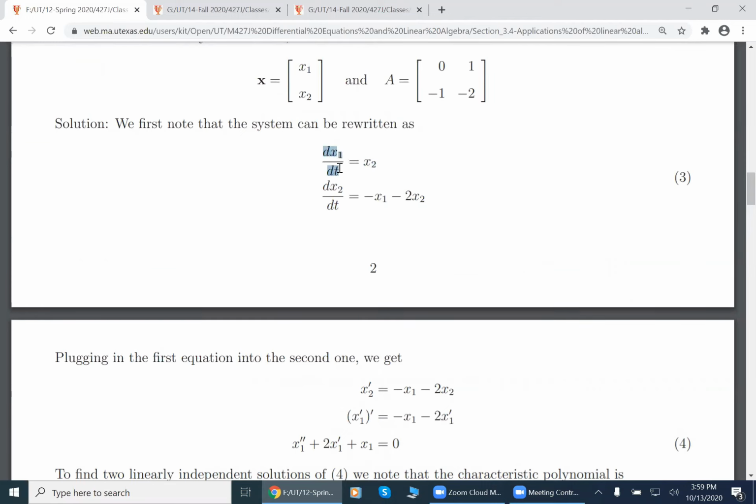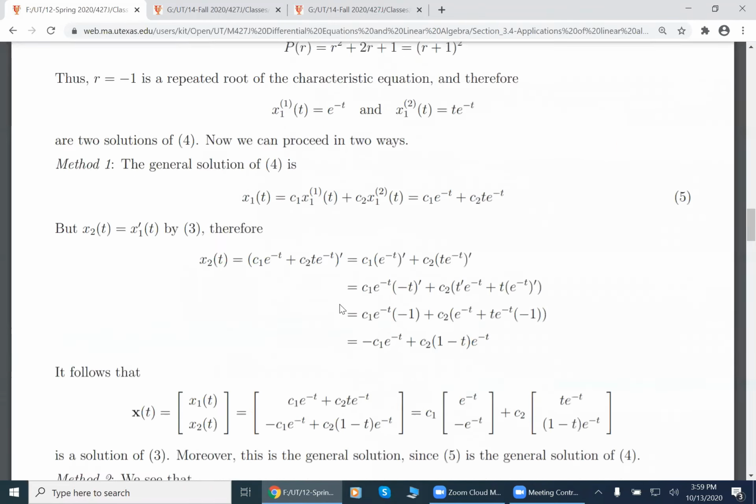For example, if instead of this we have, say, x1 prime is equal to 5x2, then x2 is 1 over 5 x1 prime, and here we'll put 1 over 5 x1 prime. Was that your question? Yeah, thank you. Very last thing.